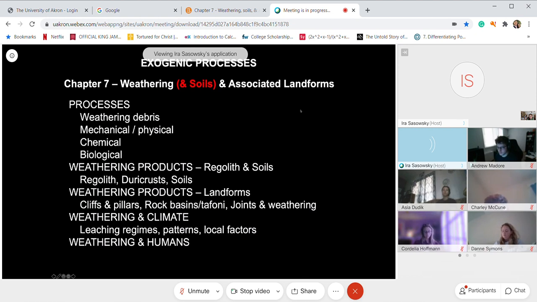So, in this chapter, we are going to be looking specifically at weathering processes and some landforms that are directly associated with weathering.